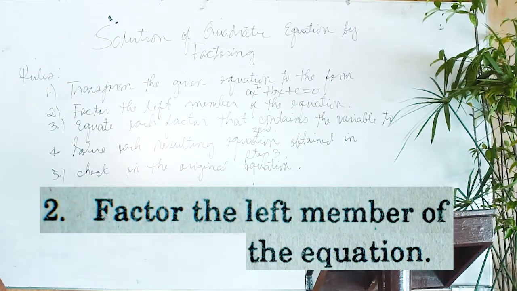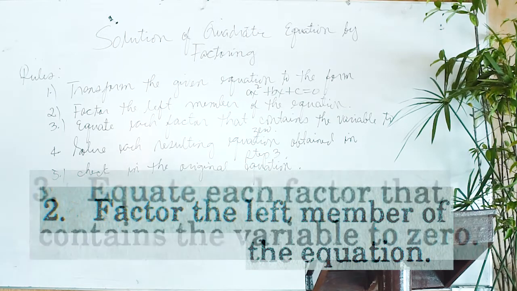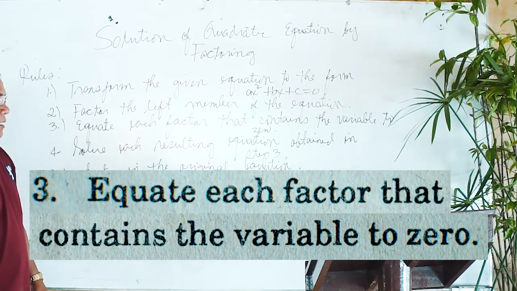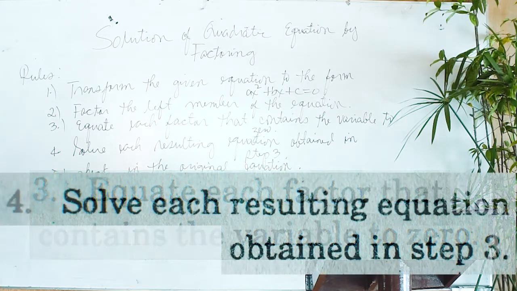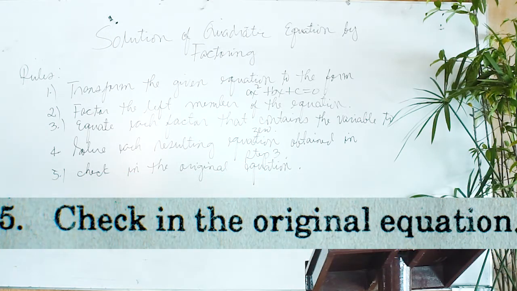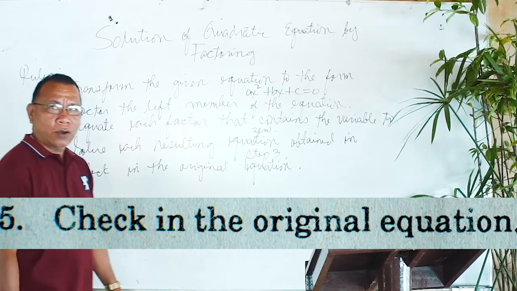Rule number 2, factor the left member of the equation. Number 3, equate each factor that contains the variable to 0. Rule number 4, solve each resulting equation obtained in step 3. Last is check the answers in the original equation.